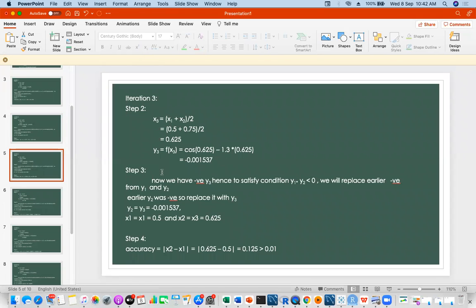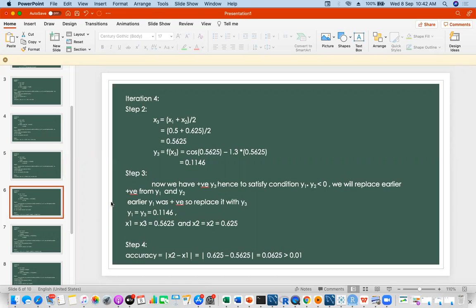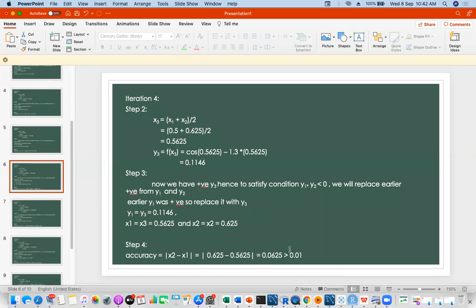In the third iteration, we will have a negative value, so we will replace y2, and then x2 will be replaced. In the fourth iteration, we have a positive value, so y1 will be replaced, and x1 will be replaced by x3. So we will be doing the same steps until we get accuracy less than 0.01.